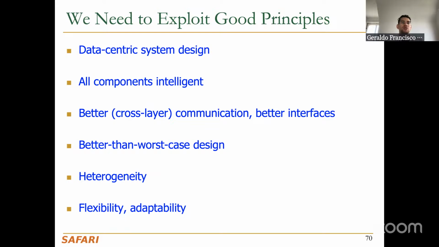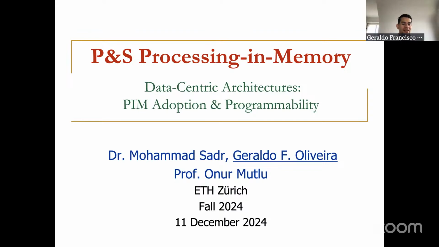We need more data-centric systems, more intelligent components, better cross-layer communication across interfaces, and better-than-worst-case designs. We need to enable heterogeneity, flexibility, and systems that can adapt to different use cases. All of this can be done if we keep an open mind on the way that we design computer architecture systems today. This concludes the lecture for today.